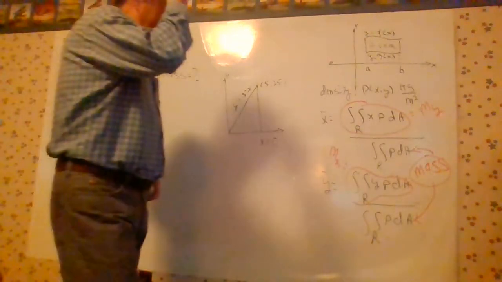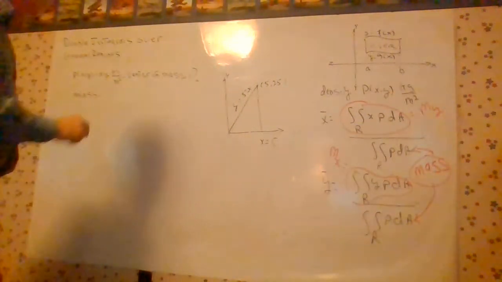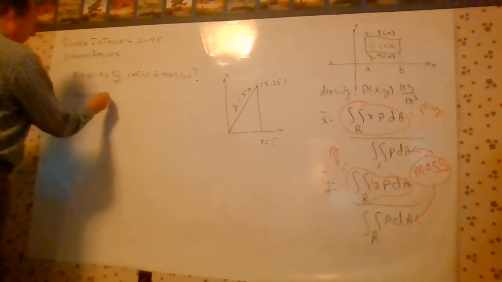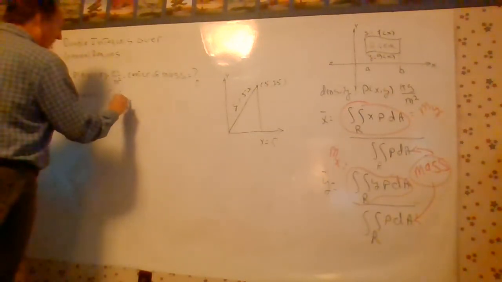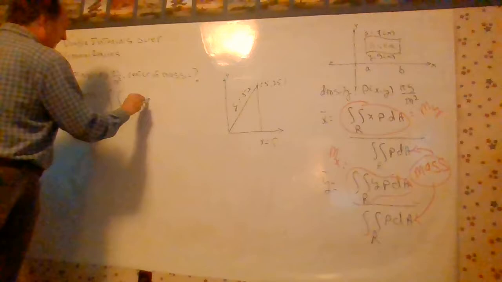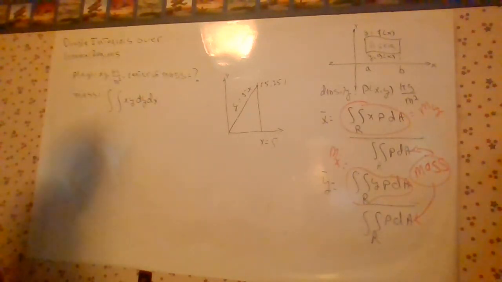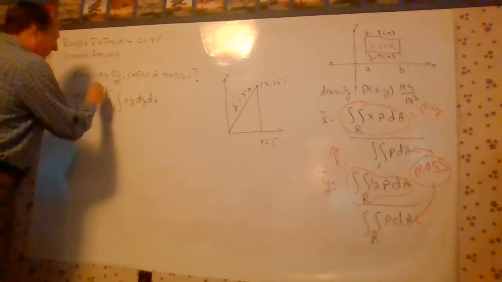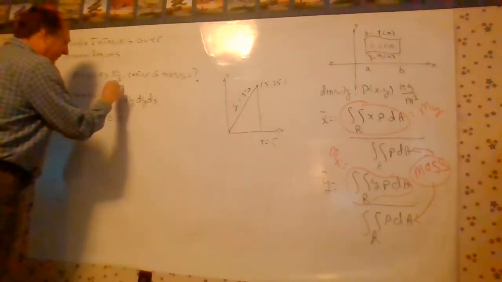Well, first of all, let's find the mass. We need the mass for both parts. So the mass is going to be a double integral of the density xy. You can do it dy dx or dx dy, it doesn't matter. X is going to go from 0 to 5, and y is going to go from 0 to 5x.